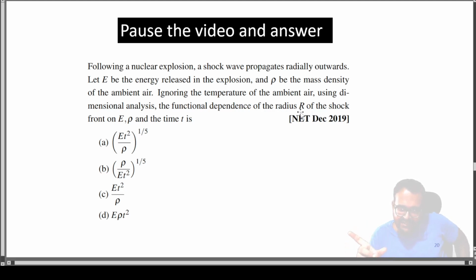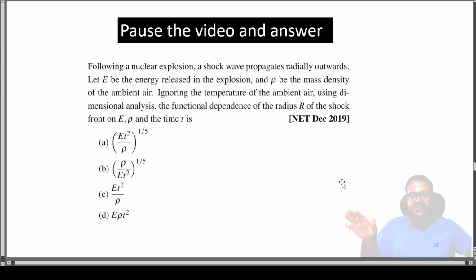The impact of a bomb blasting, how much the impact will spread. Let's call this the radius of the shock wave front, and then how it depends on energy, rho, and time t. So energy released can be estimated previously, rho is the mass density of the air, and how much time it will take.